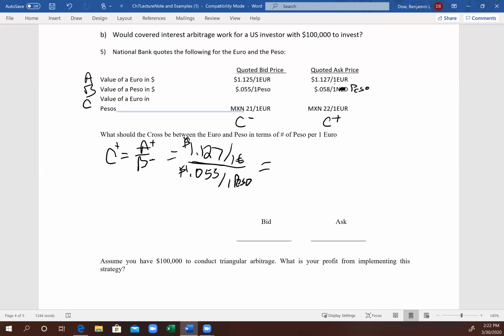And the cross rate should be, in terms of the ask rate, 20.49 pesos per euro.